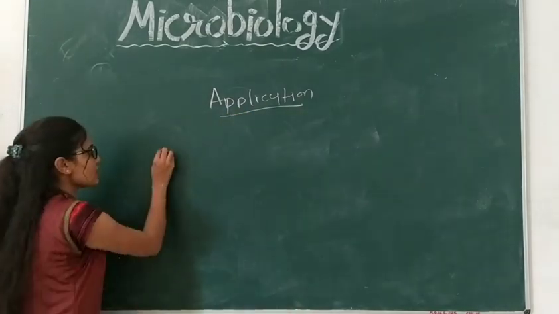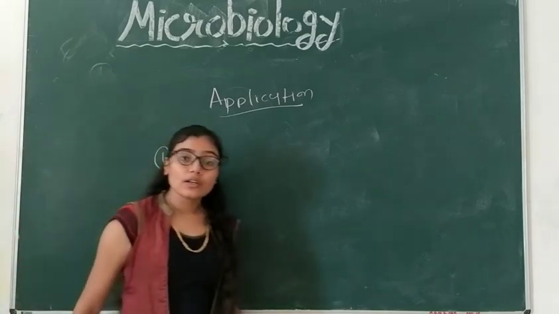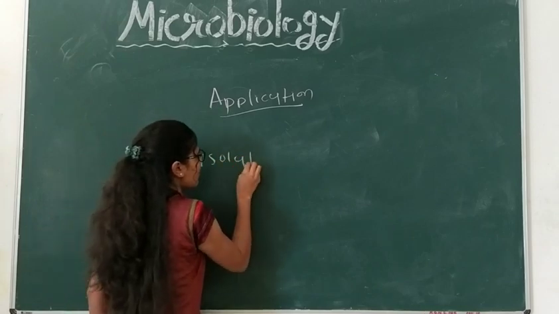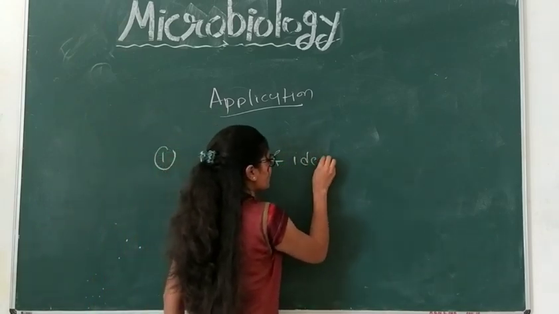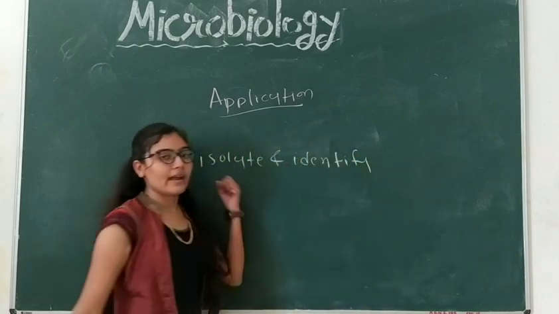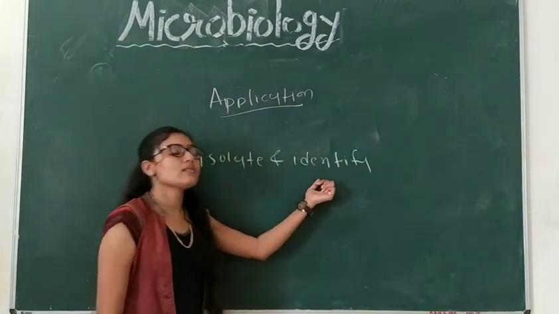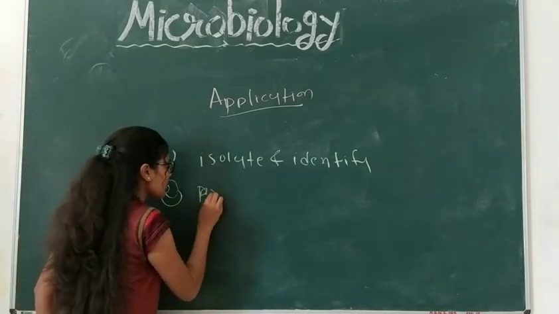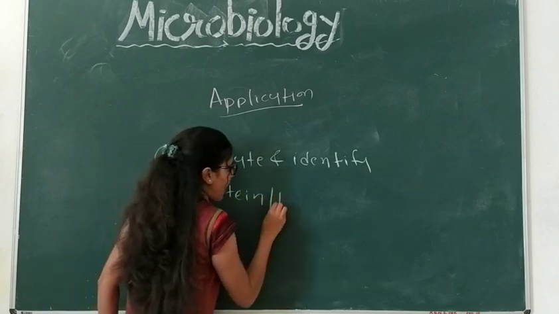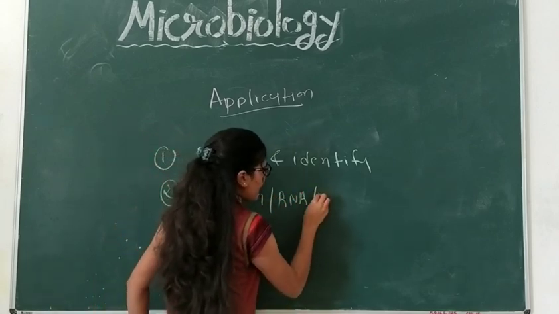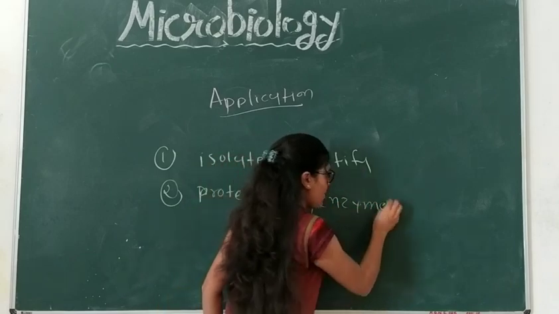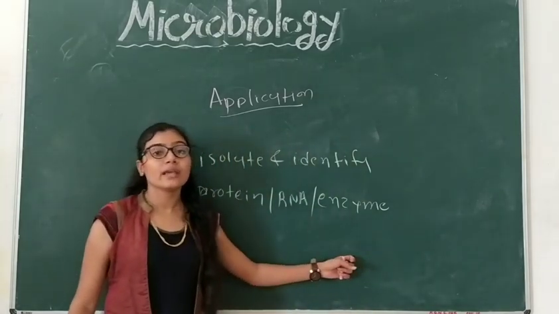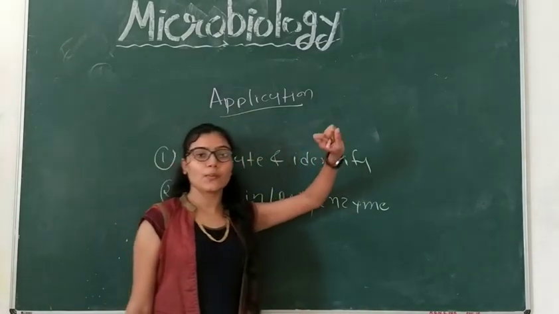The first application: we can isolate and identify a particular sequence of nucleotides. Second, proteins, RNA and enzymes that have particular characteristics can be investigated by using gene cloning in a prokaryotic cell.